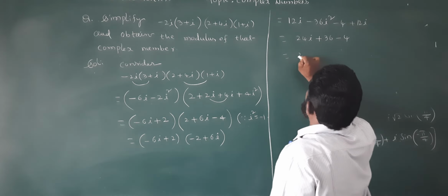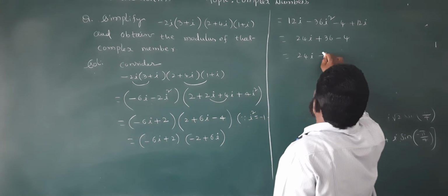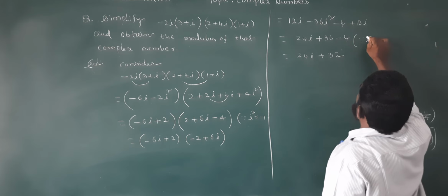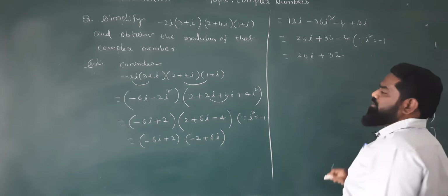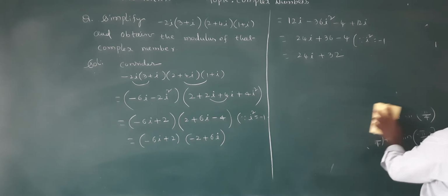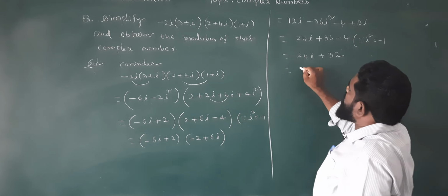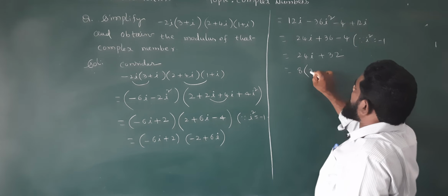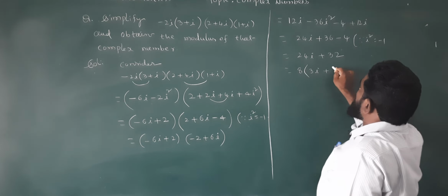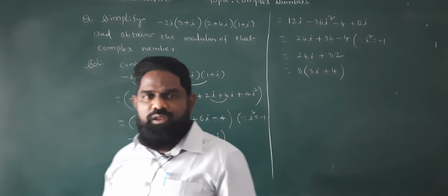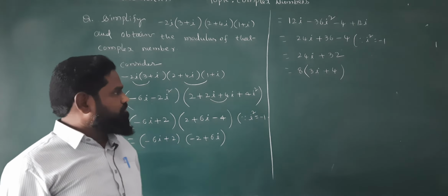What will come here? 24i plus 32 will come, because here also we took i square as minus 1. What is common here? 8 is common: 8 times 3i plus 4. 8 threes are 24, 8 fours are 32.